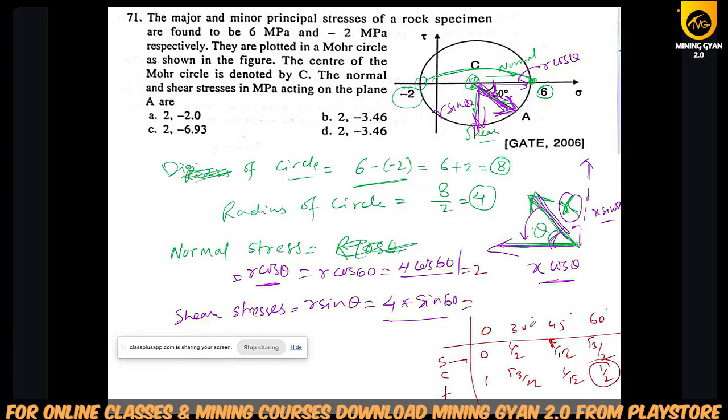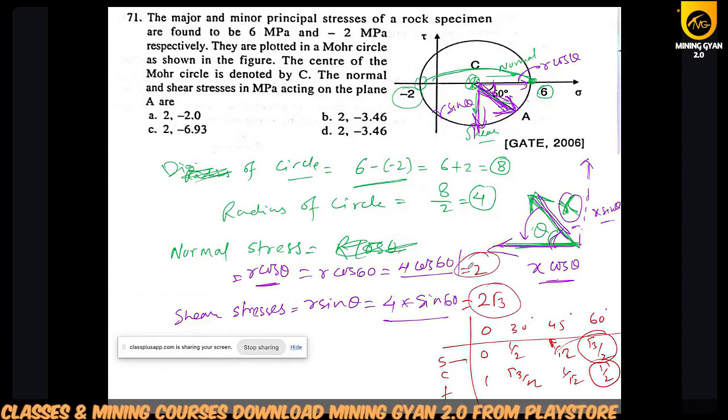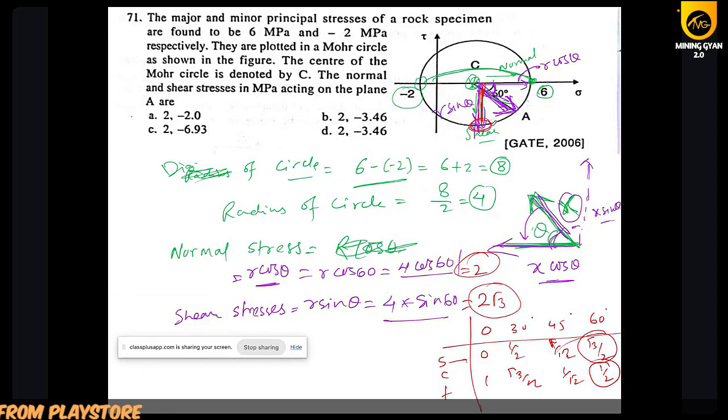And sin 60 equals root 3 by 2, that means 2 root 3. So your answer will be: normal stress is 2, and the shear stress is 2 root 3 in the negative. The shear stress will be on the negative side of y. If this is the positive side, this is the negative side.